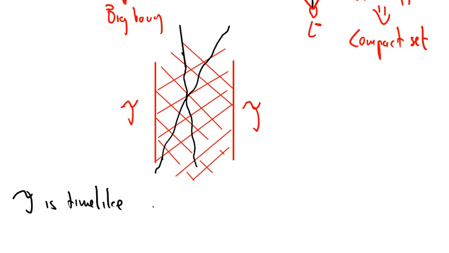This is different to what we saw in de Sitter and Minkowski. Remember that in de Sitter, scri was space-like, and in Minkowski, scri was null. Now here scri is time-like.